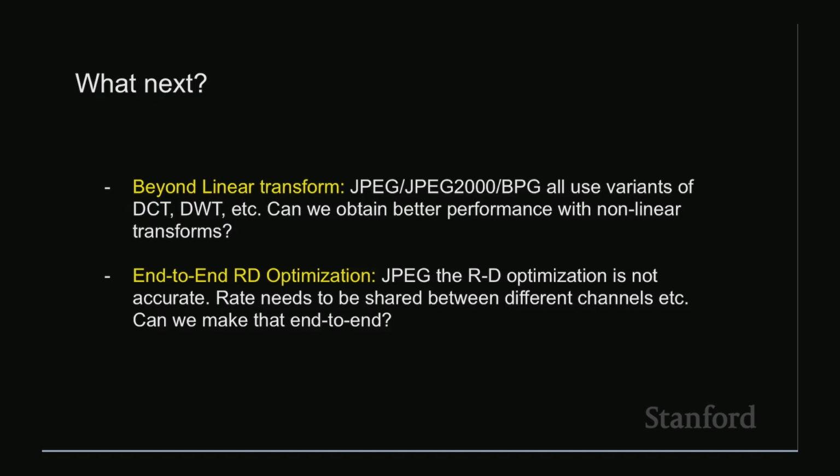So the first idea really is we have been artificially stuck with the idea of linear transforms. Maybe we can go beyond linear transforms to improve our compressors even further. So far, we haven't even given it a thought in the transform coding world. And the second, in JPEG, you saw that there were a lot of these hand-designed parameters, like, I'll go to YUV, I'll downsample UV by 2, I have these fixed quantization matrices.